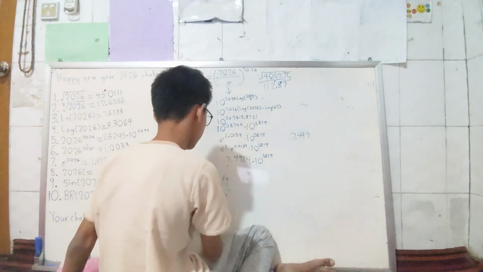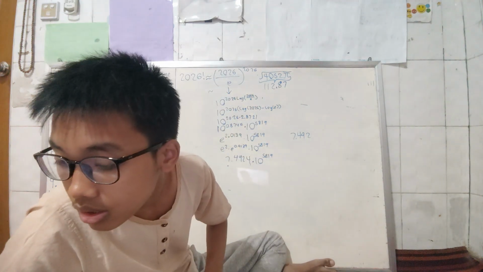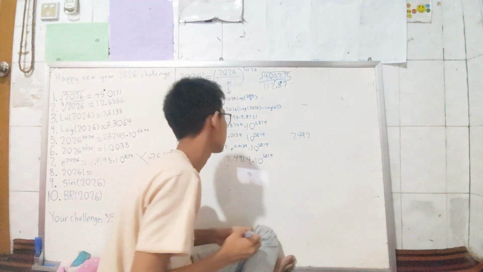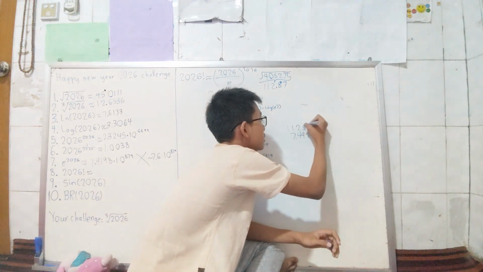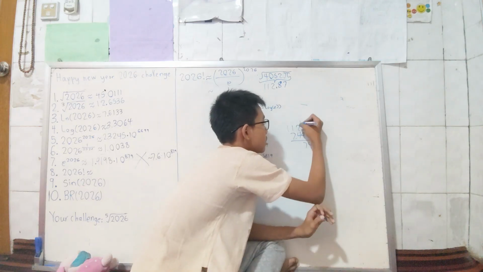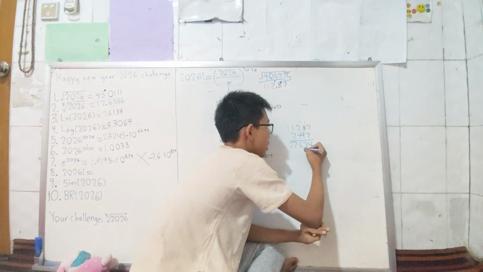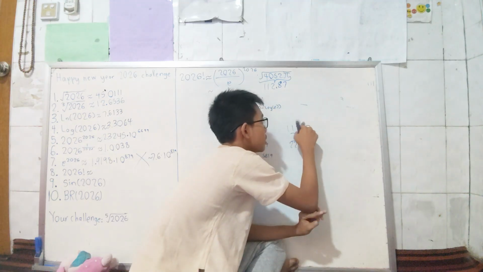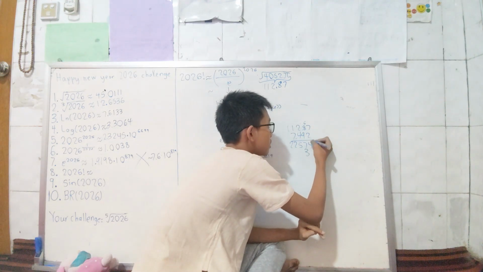So we're almost done. 112.87. With 16, that's gonna be 17. 5, 2, 2. 9 times 7 is 63. 9 times 8 is 72.